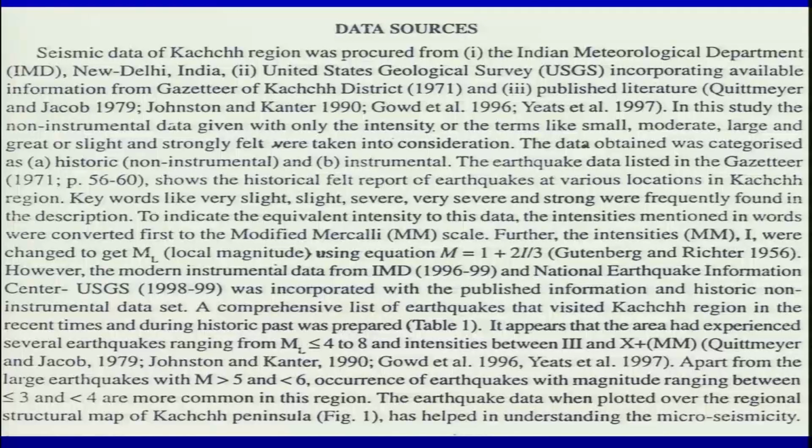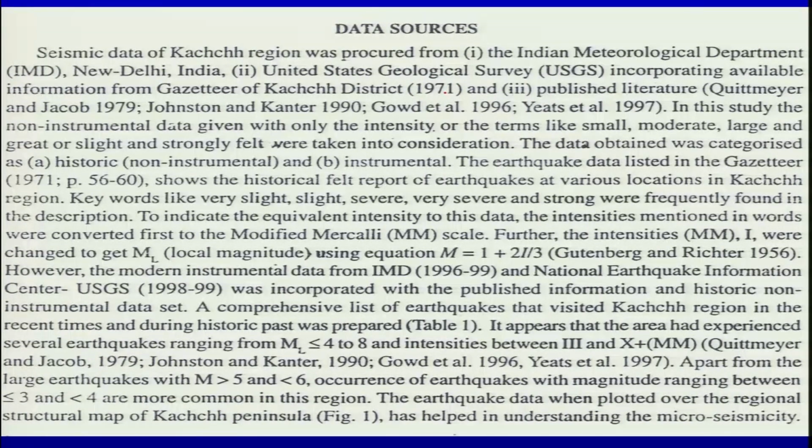So what we did was look at the information available in the Indian Meteorological Department, the United States USGS, and the gazetteers, the old records of Kutch, written way back in 1971.